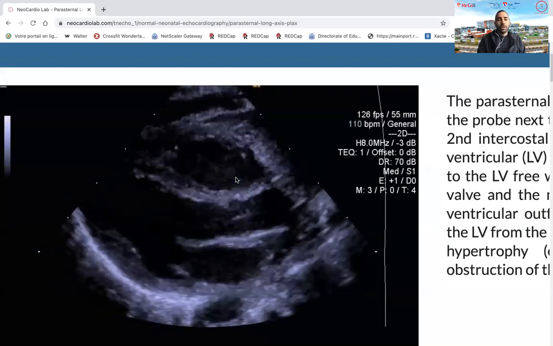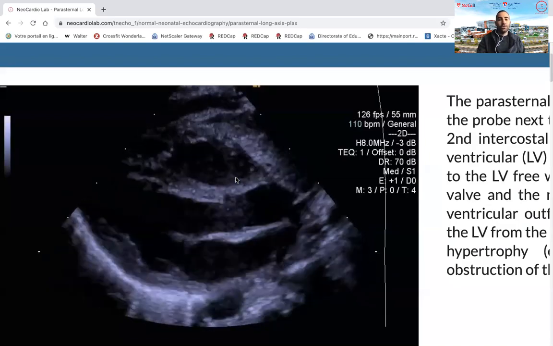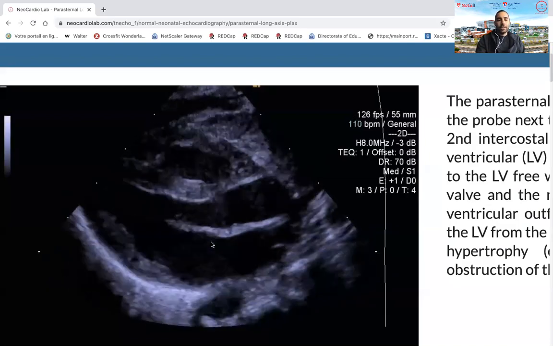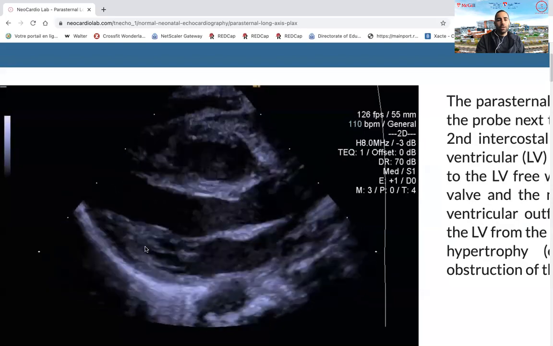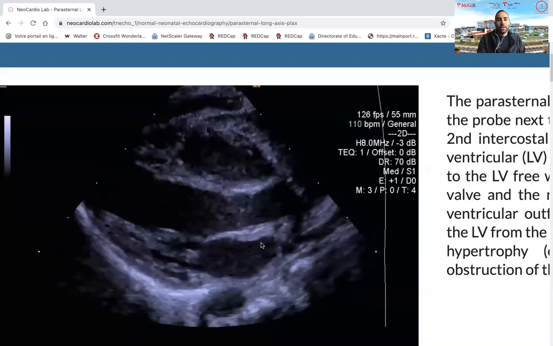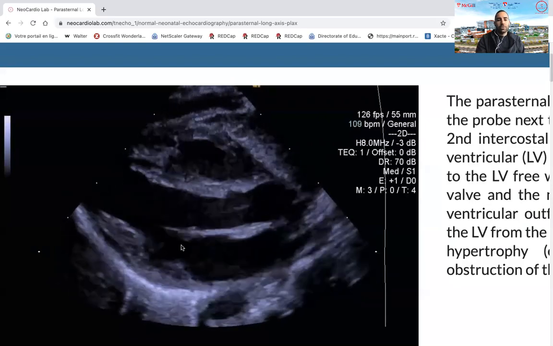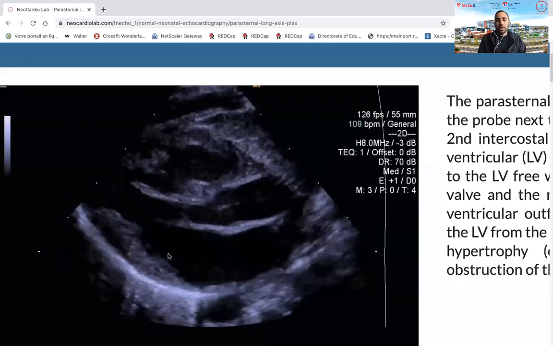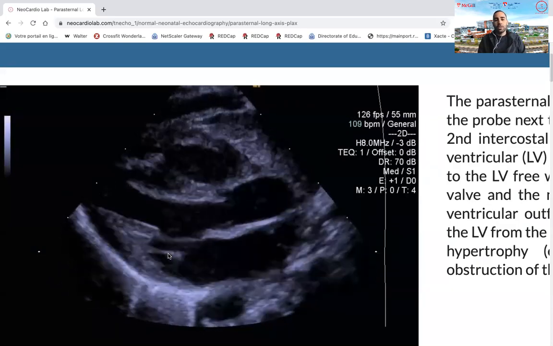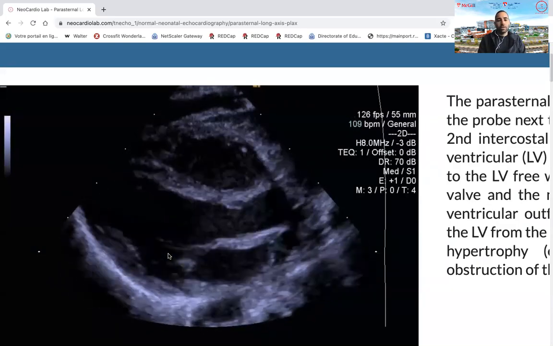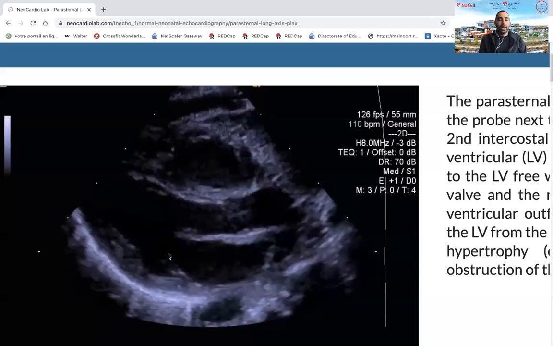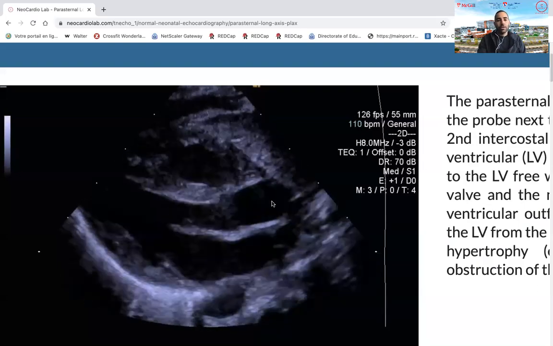So this view is already a good view to be able to observe the contraction of your left ventricle. You can already have a sense of your left atrium, your descending aorta, and the mitral valve as it opens and closes. As you know, it opens in diastole for the filling of the left ventricle and closes in systole when it ejects into the LV outflow tract.